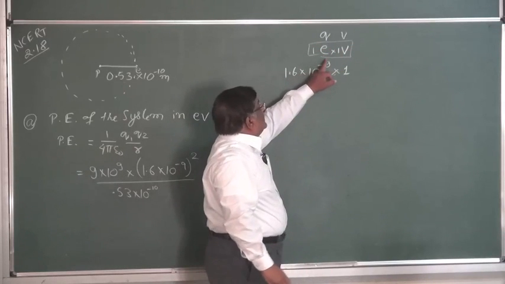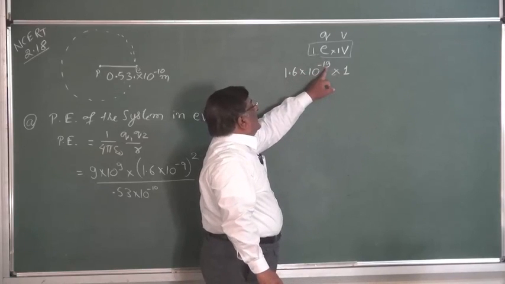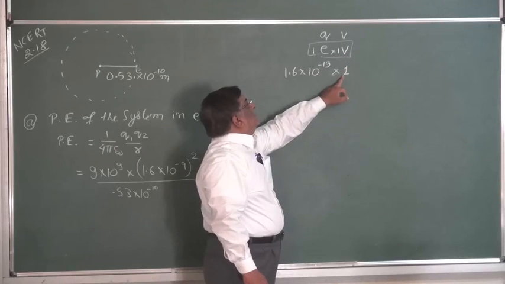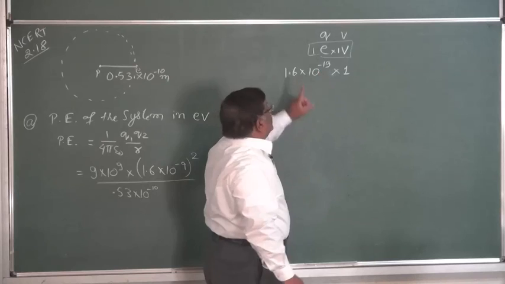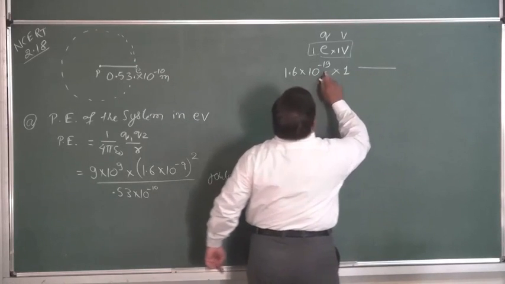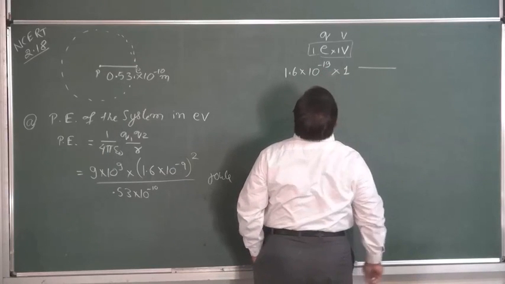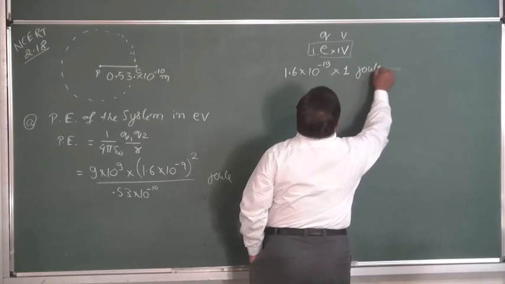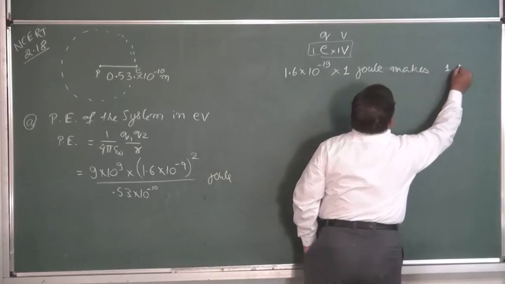In SI system, 1 E is 1.6 into 10 to the power minus 19 coulomb, and volt is 1, so this is 1 EV energy. This makes 1.6 into 10 to the power minus 19 joule equal to 1 EV.